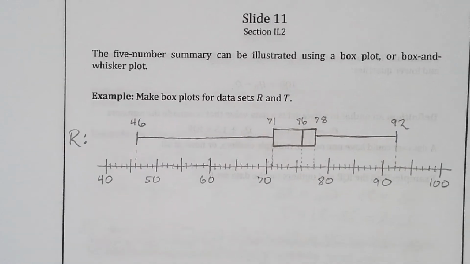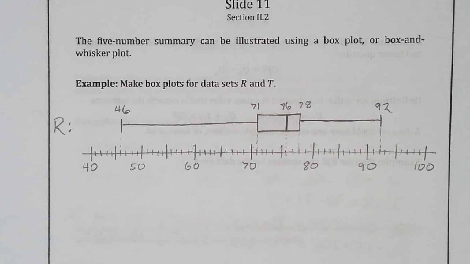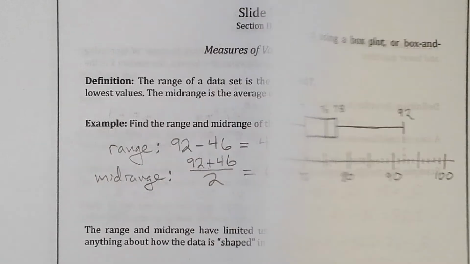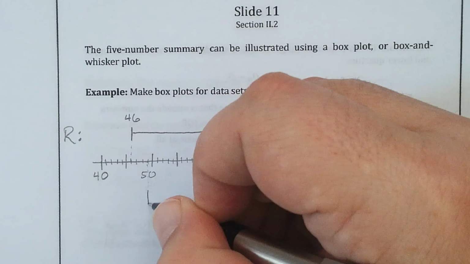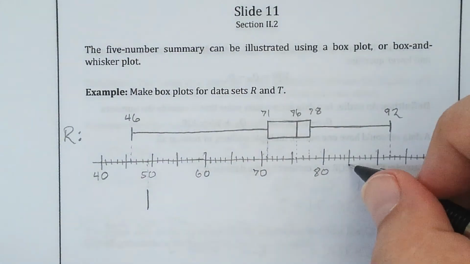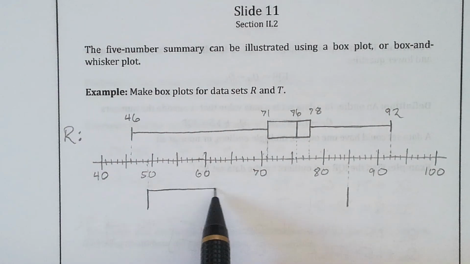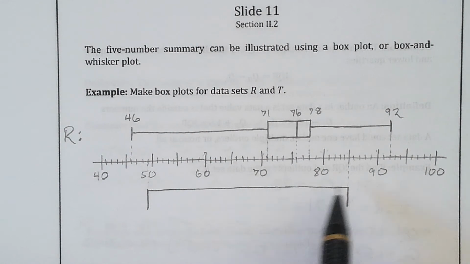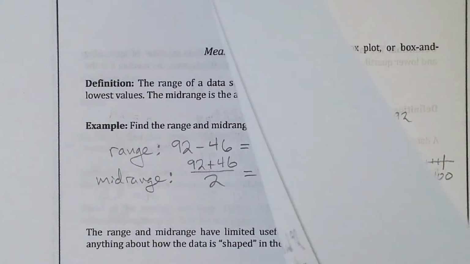Now let's make a box and whisker plot for T. So T had the quartiles 49 and 85. So we'll make a box going from 49 to 85. I'll just do it on the other side of the number line here. The median of the data set T was 79.